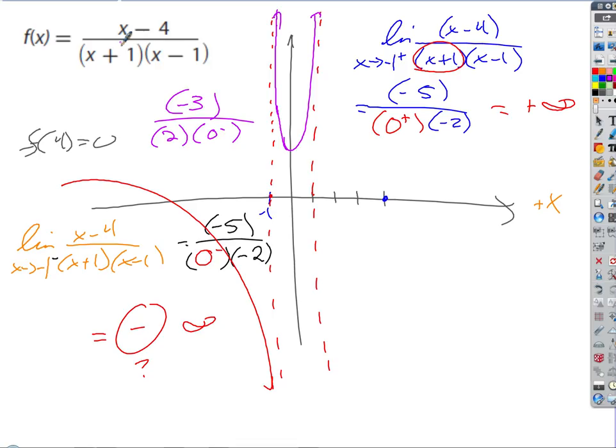I just want to know what's the expression x minus 4. What's that going to become? If x were approaching a value of 9, then that would look like 9 minus 4 is 5, right? But if we're approaching a value of 1, what are we going to get? A negative number, and it doesn't even matter what the number is, it's -3, but it's a negative number.